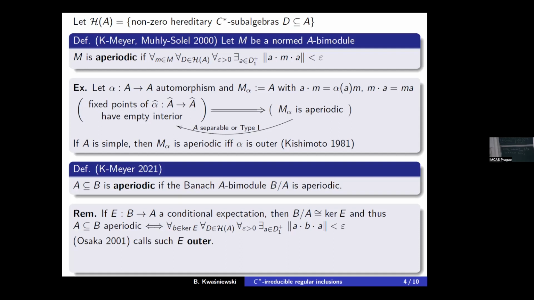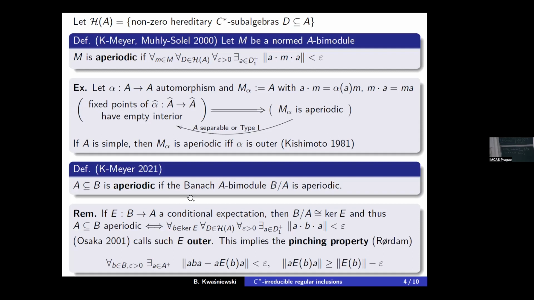And Ozawa also, in his paper, proved another very essential property, which is also technical, but to people who work with this stuff, this is very familiar. Rørdam even gave it a name, so he called this the pinching property. Whenever we have this funny technical condition, we get another funny technical condition.